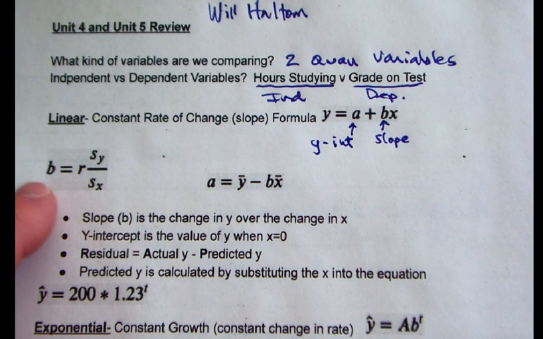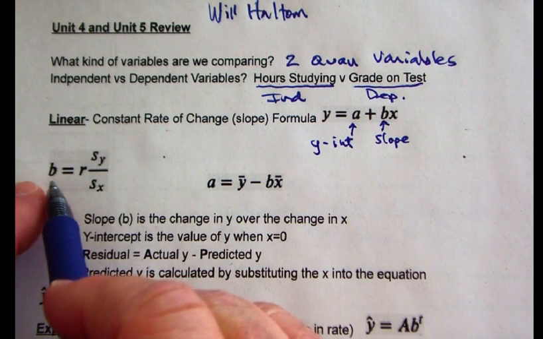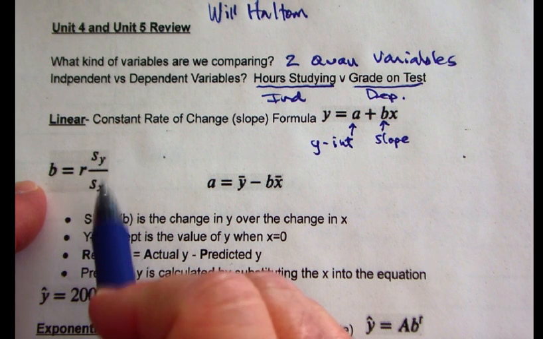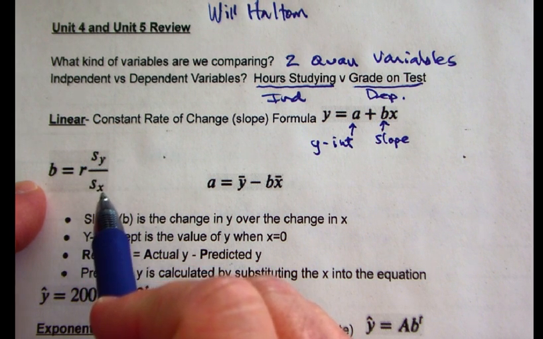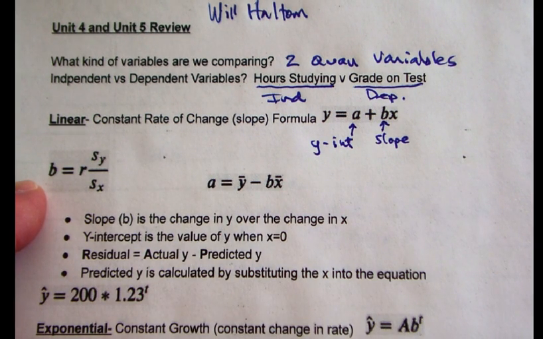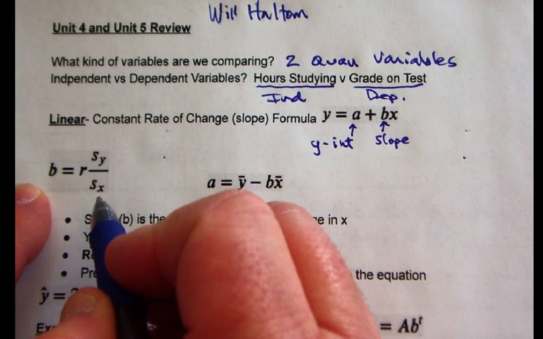So when I look at the formulas on the formula sheet, there's two of them. Number one, to find the slope, I take the correlation R, multiply by the standard deviation of y over the standard deviation of x. Back in chapter 1, we learned how to find the mean and standard deviation, but that's the same standard deviation, but we have two of them.